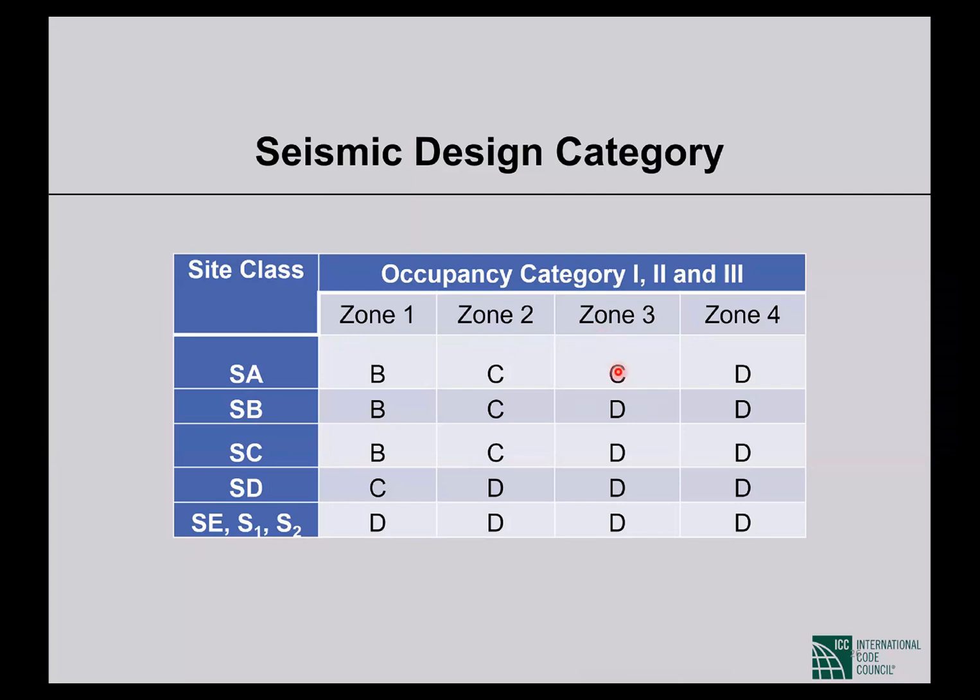If we build a building on top of rock, only in that case we can design a structure as seismic design category C.